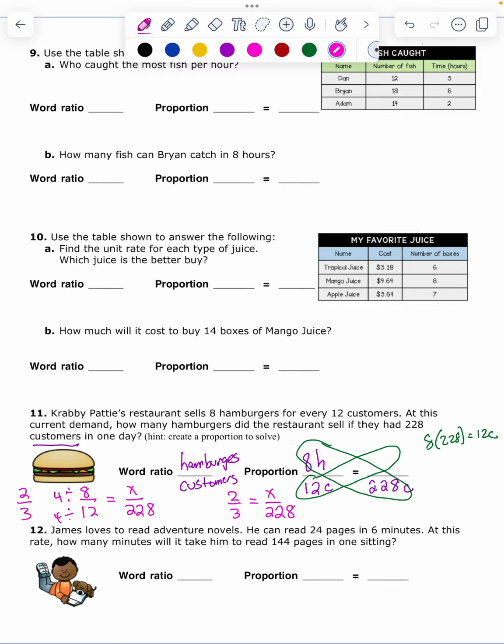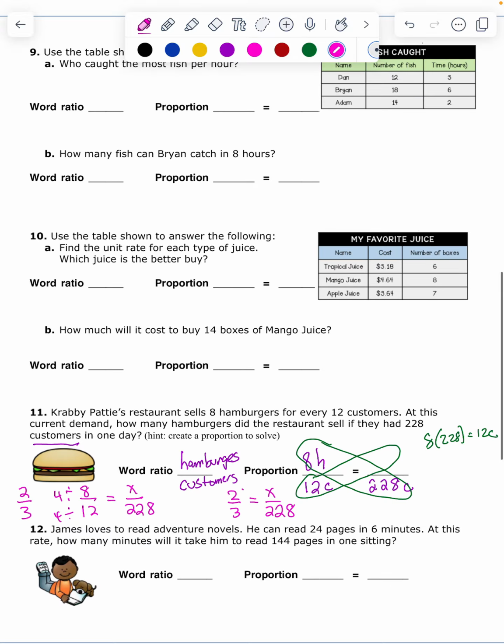As long as they are equivalent, I can manipulate them to make easier math. So then I can multiply 228. 2 times 228 equals 3x. 2 times 228 is 456 equals 3x.